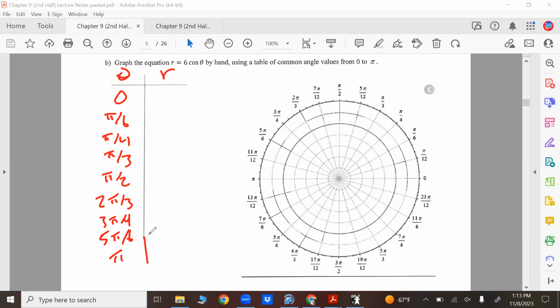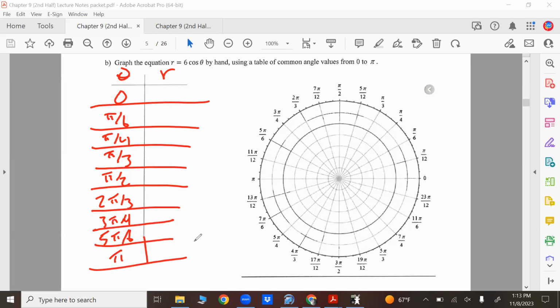Okay, so there we go. And just evaluate. It's not hard. That's going to be 6. That's going to be 0 and -6. So I can get that out of the way.